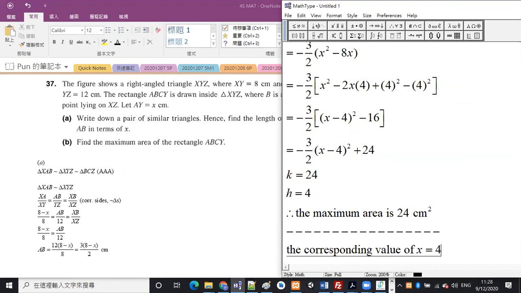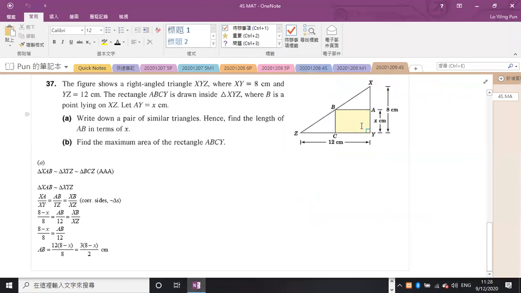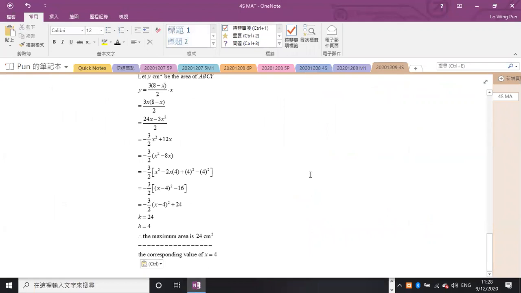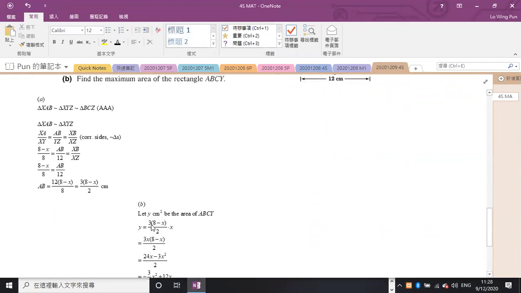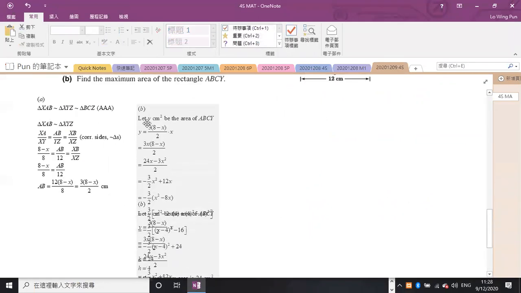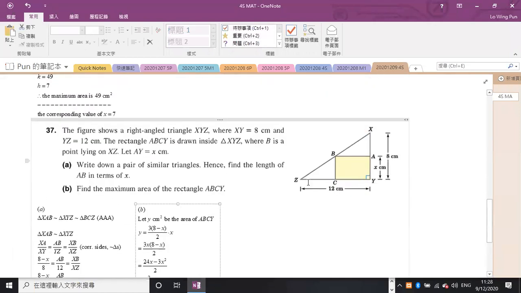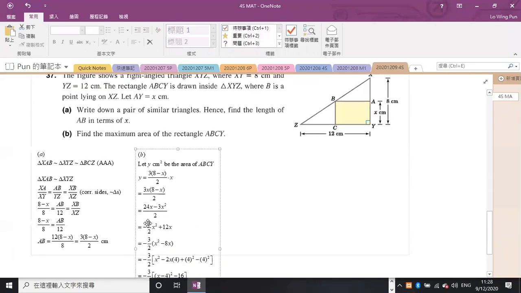Okay, so that is when x is equal to 4. When x is equal to 4, then AB is calculated by this formula. I think this is equal to 6.